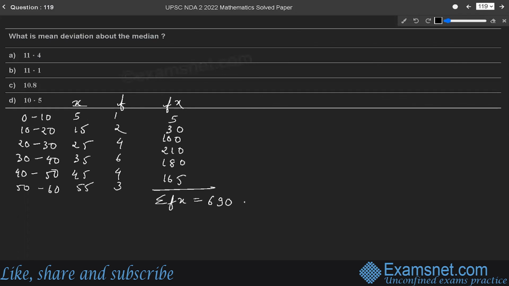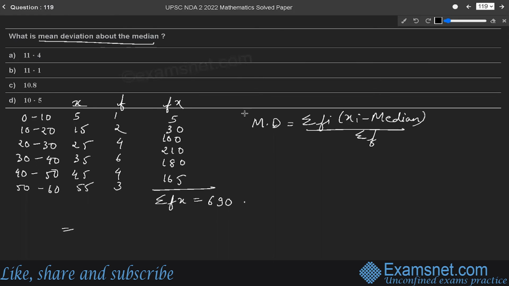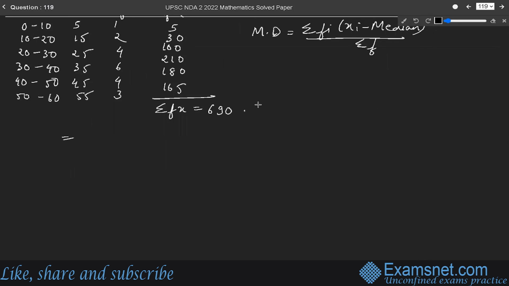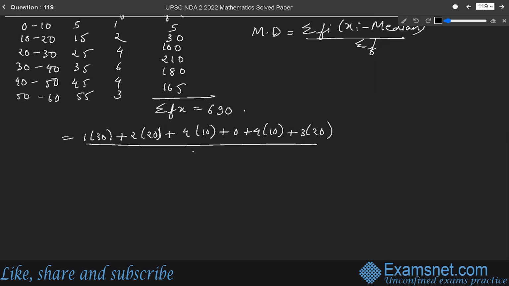We have to find the mean deviation about the median. Mean deviation is given by summation of fi into the absolute value of xi minus median, upon summation of f. Putting the values here, I am solving it downside because there is no space here. So it will be 1 into 30 plus 2 into 20 plus 4 into 10 plus 0 plus 4 into 10 plus 3 into 20 upon summation of f, which is 20.